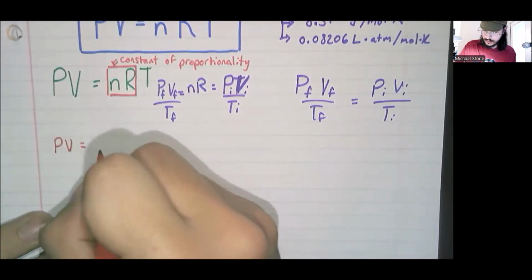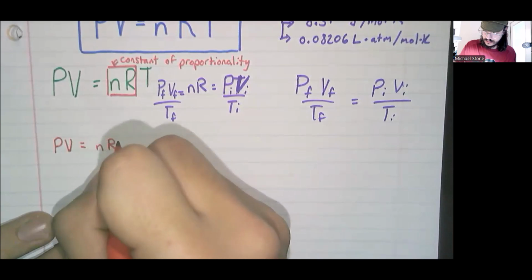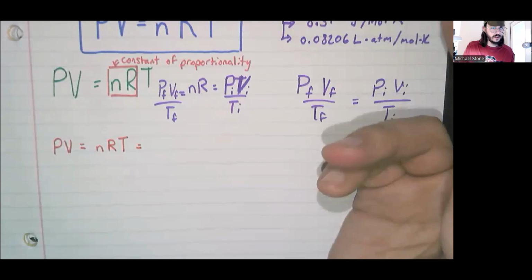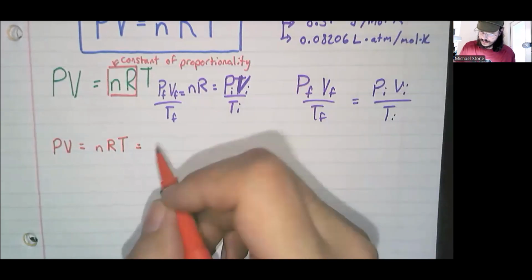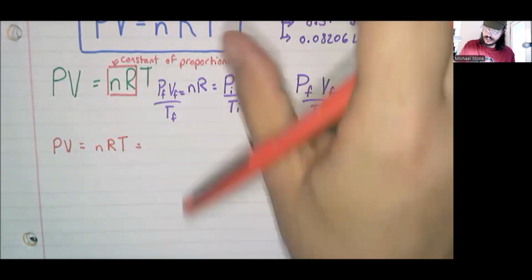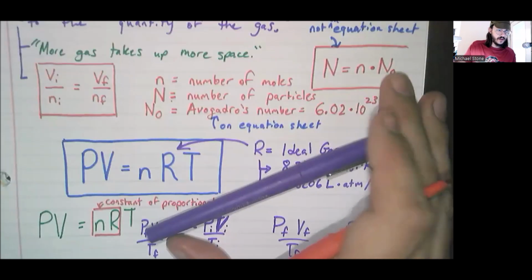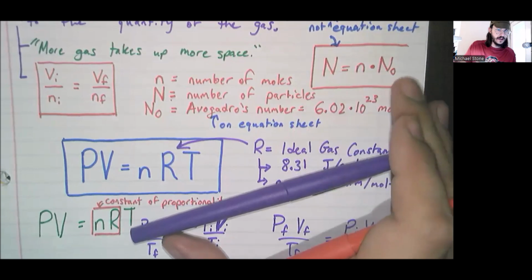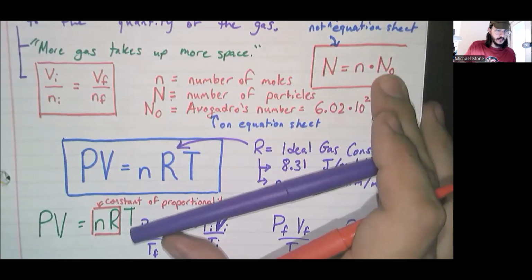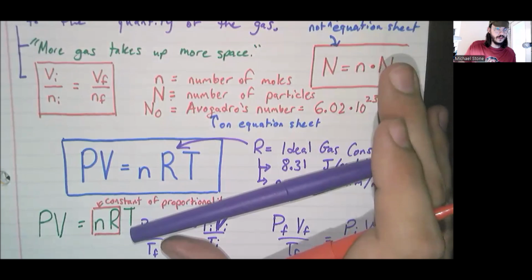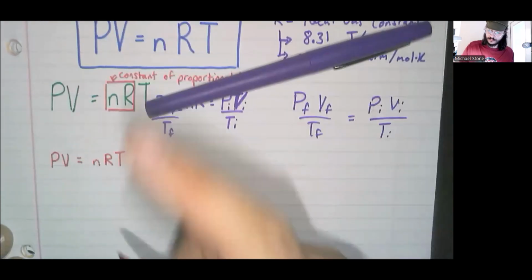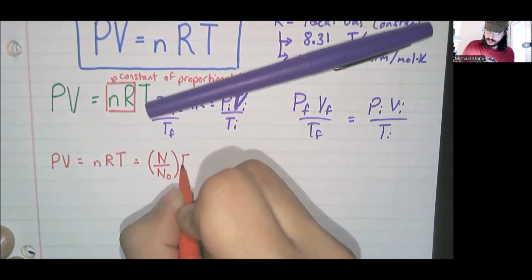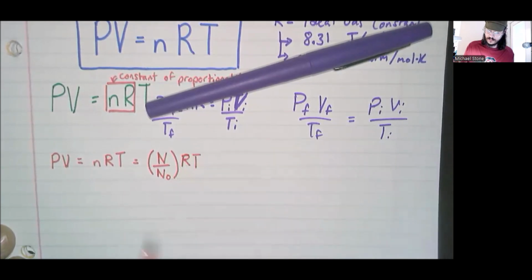PV equals nRT. But as we discussed a moment ago with the Avogadro's number thing, if we take n and move Avogadro's number to the other side, we can get big N divided by N naught, and that's worth little n, your number of moles. So there is a substitution that gets rid of little n.